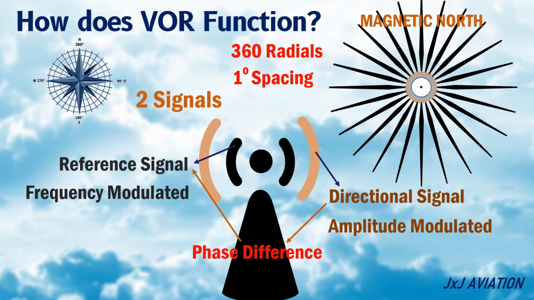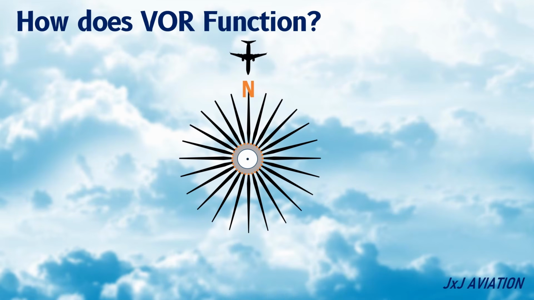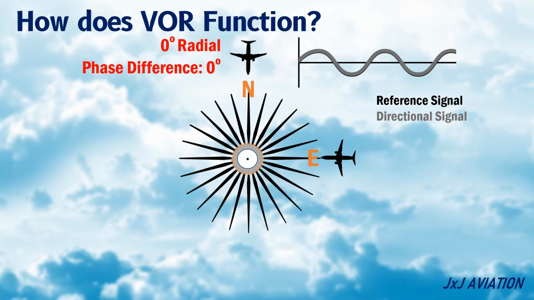Let's understand this with a few examples. If an aircraft is north of the VOR transmitter, then it is at the 0 degree radial. The phase difference between the reference signal and the directional signal will be 0 degrees. If the aircraft is east of the VOR, then it is at the 90 degree radial.